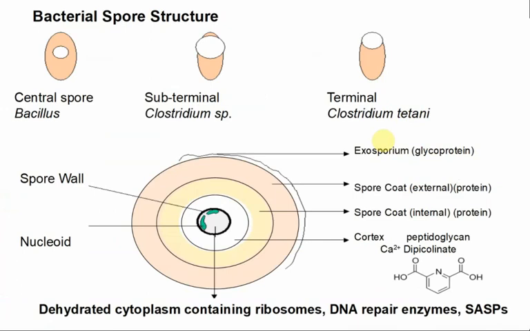That's what I mean, okay? So there are often two signals: activation, either by heating or chemical attack on the protein coat, and then germination, which is dependent on the presence of amino acids or sugars that can diffuse in and cause the release of the dipicolinic acid. So activation is the damage to the spore coat.